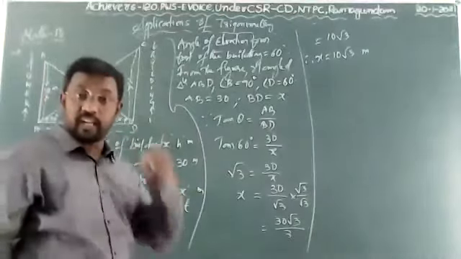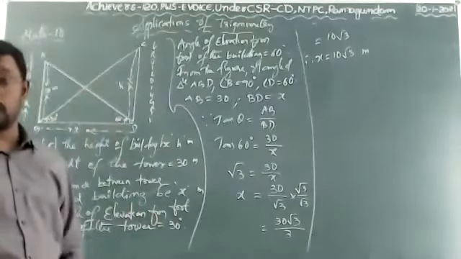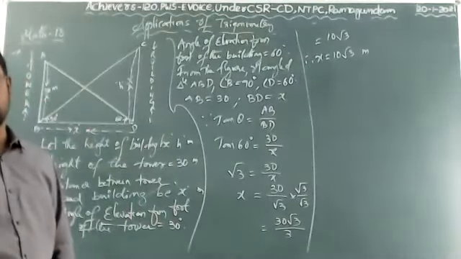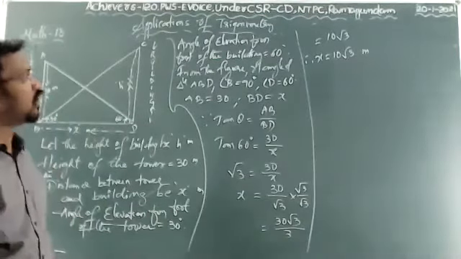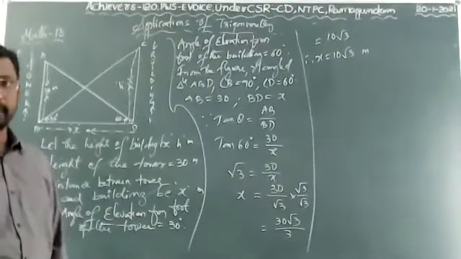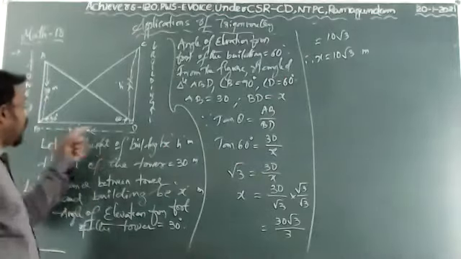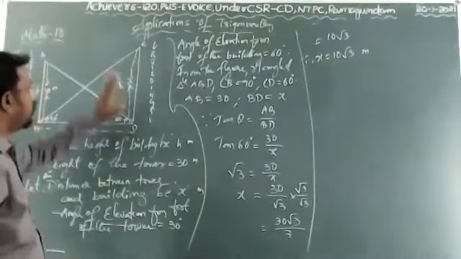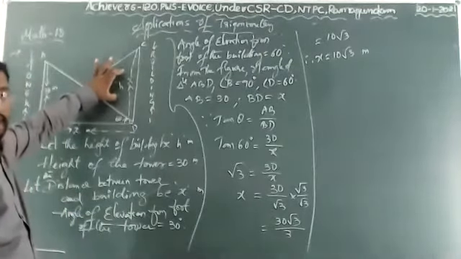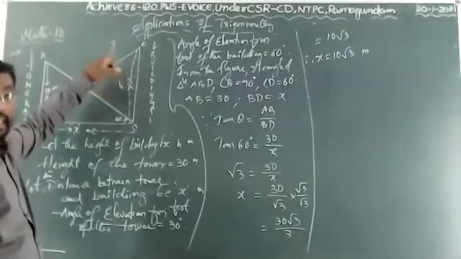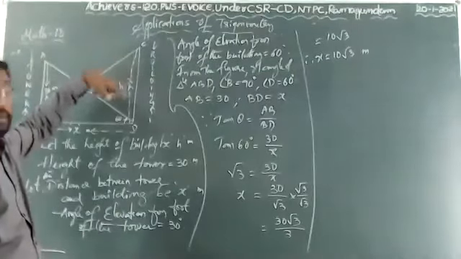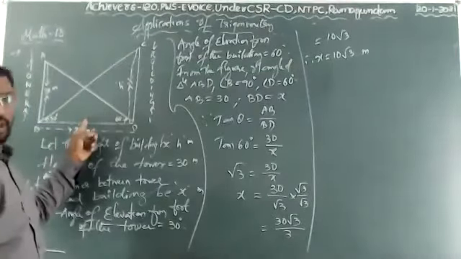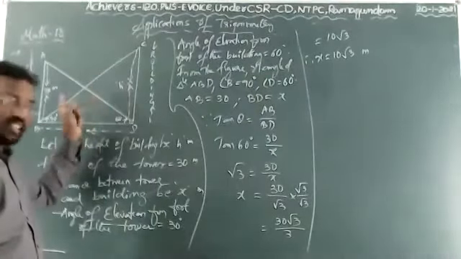If you want, you can take root 3 as 1.732, but 10 root 3 is fine. Actually we don't want to find x here. We want to find only the height of the building. For that, this is required.